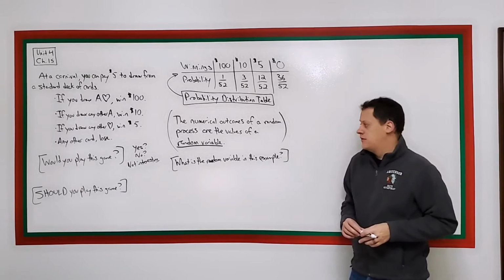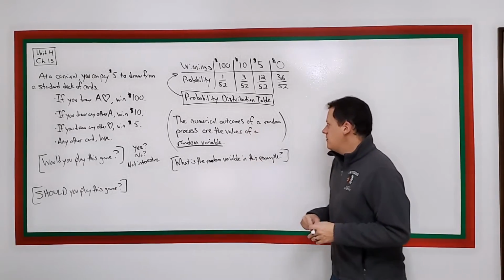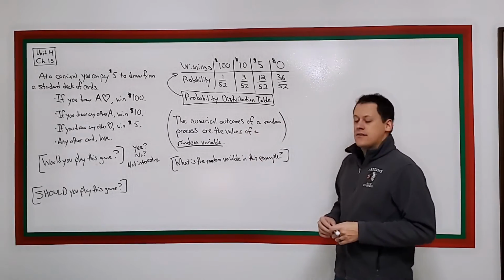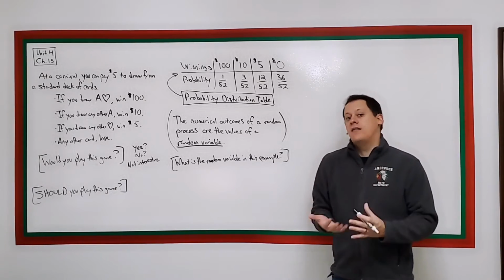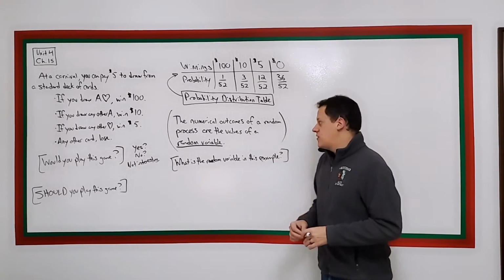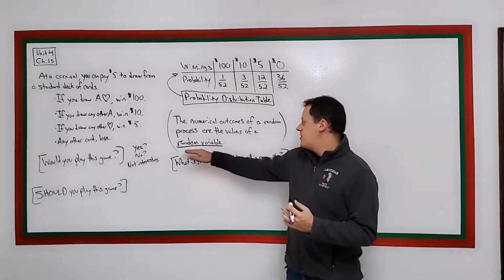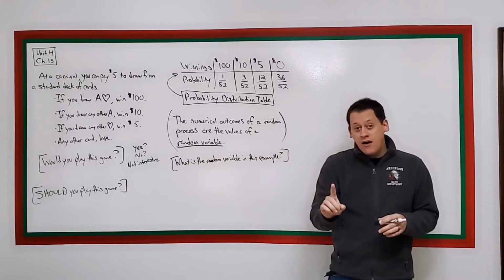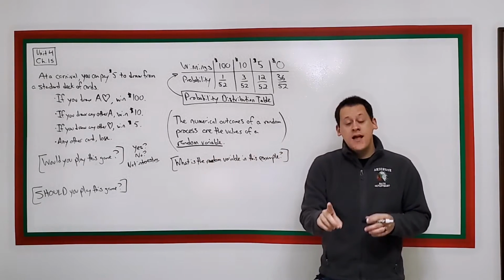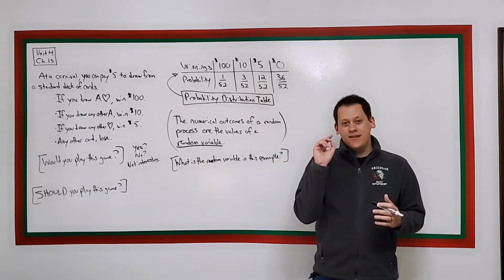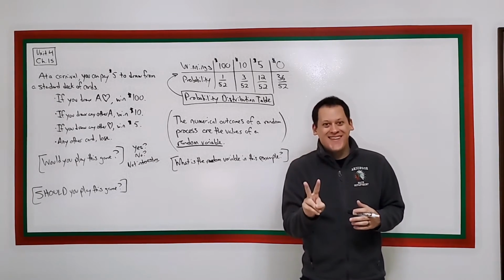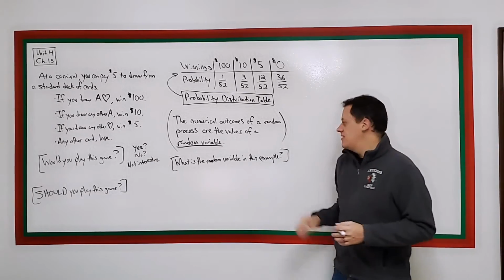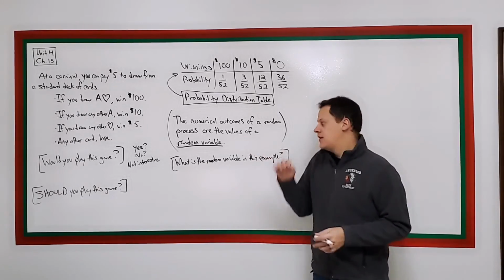In general, the numerical outcomes of a random process are the values of what we call a random variable. So, in order for something to be a random variable, it has to be the outcome of a random process, and it has to be outcomes that are numeric. As long as you meet both of those criteria, you have a random variable.